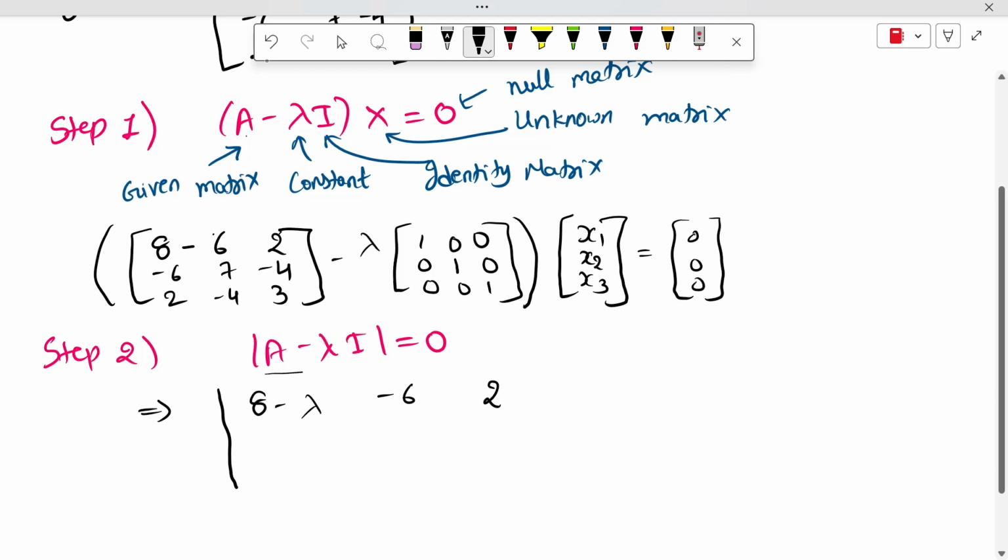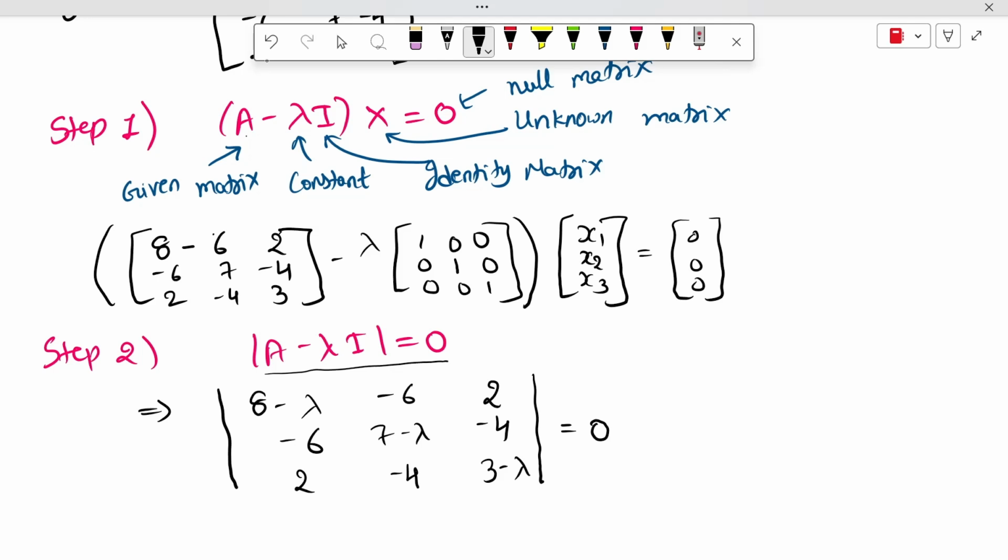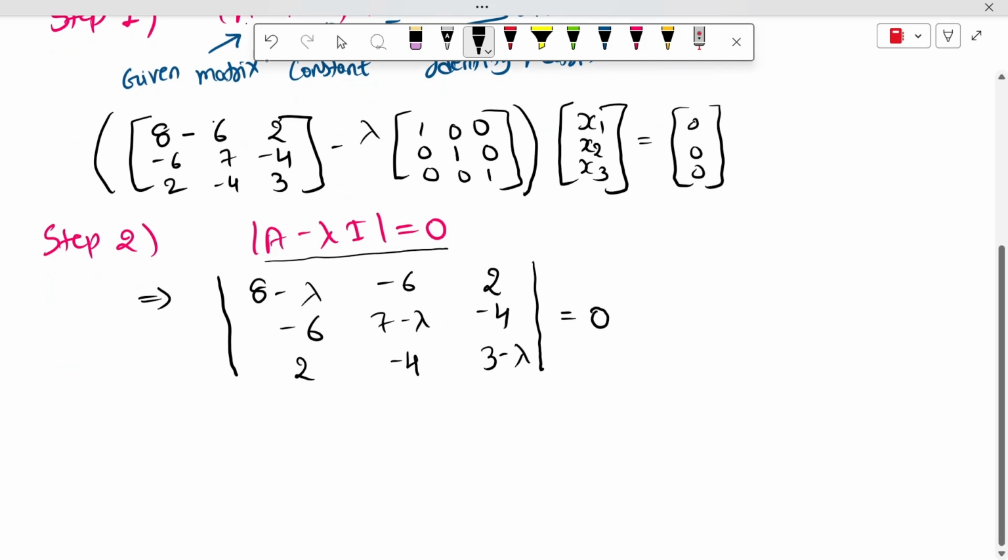Here there is no x. A minus lambda I is equal to 0. So for the second row, minus 6, 7 minus lambda, minus 4. For the third row, 2, minus 4, here it will be 3 minus lambda. This whole is equal to 0. Its determinant is equal to 0, so we will not write it in matrix form, we will just write its numerical value 0. So this was step 2.